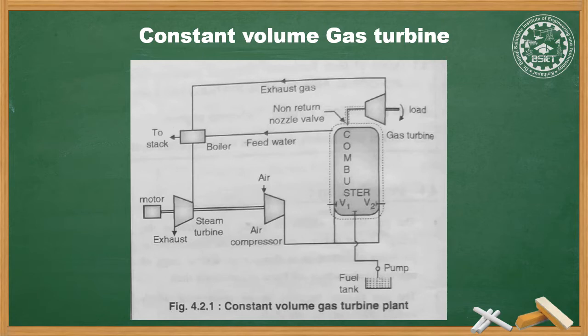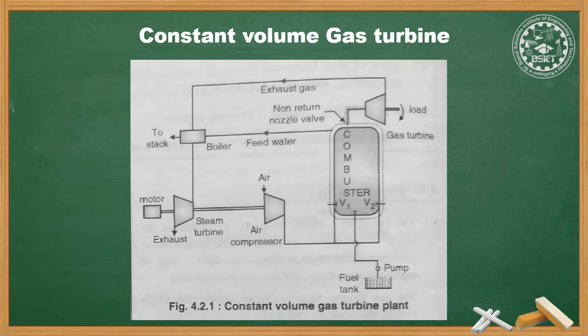During the explosion process, an instantaneous pressure rise occurs, that is, during the combustion the pressure rises to about 101.4 Newton per centimeter square, and the non-return valve at the top of the combustion chamber is forced to open outward. This permits the combustion products to escape and pass through the gas turbine.